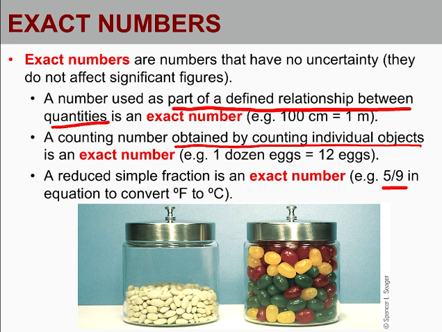And again, all of these different types of exact numbers do not have significant figures associated with them. So if we use exact numbers in a calculation, so for example, let's say we were converting from centimeters to meters, then we don't have to take those numbers into account when we're trying to determine significant figures in our answer.